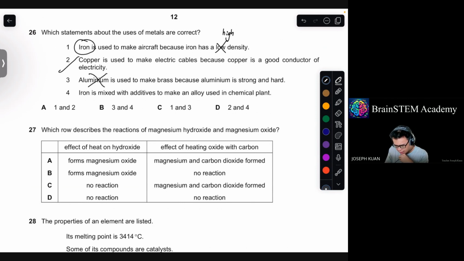And lastly, iron is mixed with additives to make an alloy used in chemical plants. That is actually correct. Iron can be used to make steel, for example. So the answer for this question is D, 2 and 4.